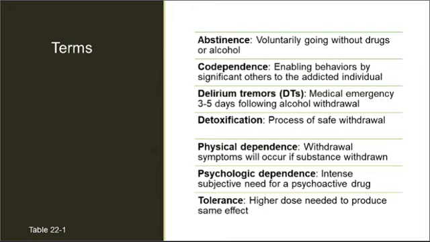Detoxification, the process of safe withdrawal. There's medical detox, and then there's other kinds, like observational. It does not always include giving them medications. Physical dependence: withdrawal symptoms will occur if the substance is withdrawn. Psychological dependence: intense subjective need for a psychoactive drug. Tolerance, we've talked about before.